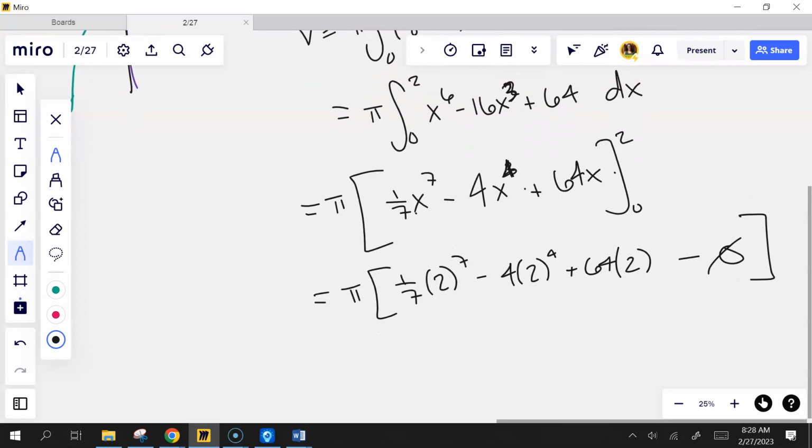2, 4, 8, 16, 32, 64, 128. 2, 4, 8, 16. 16 times 4, 64. 128.